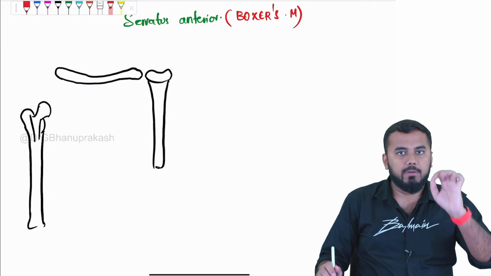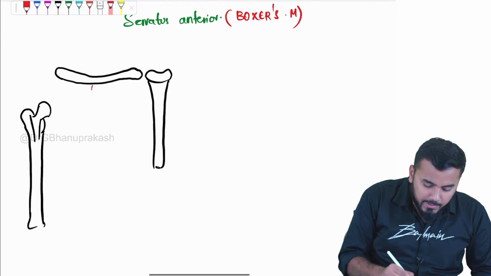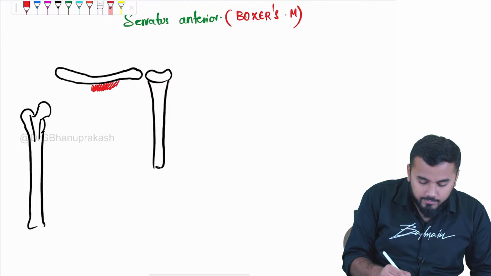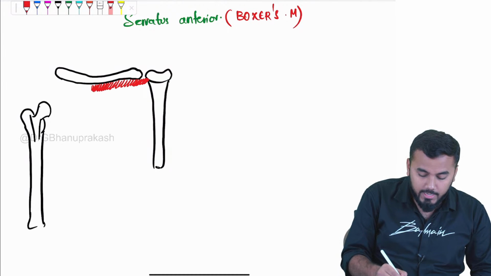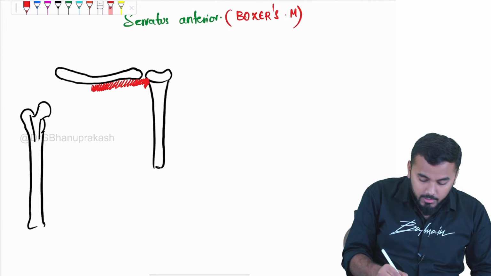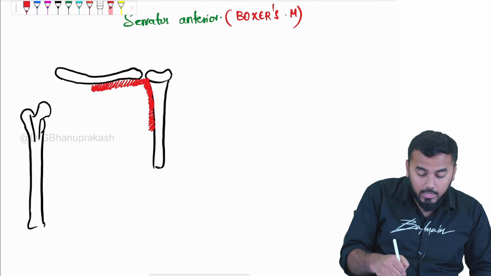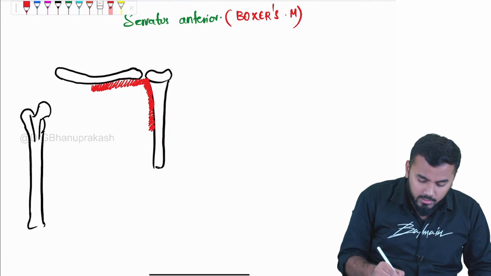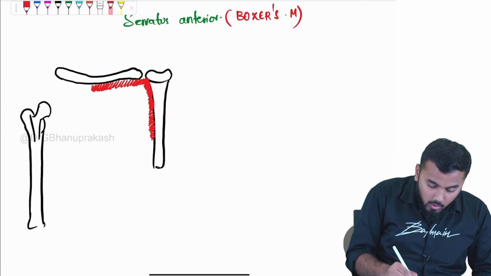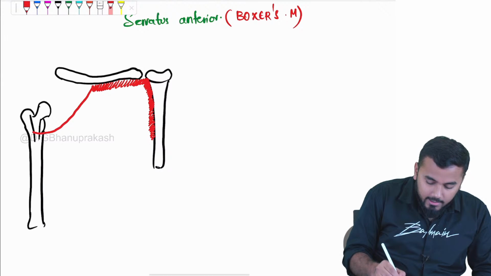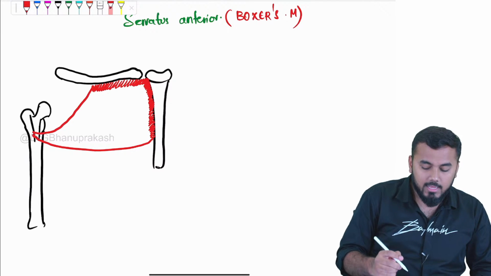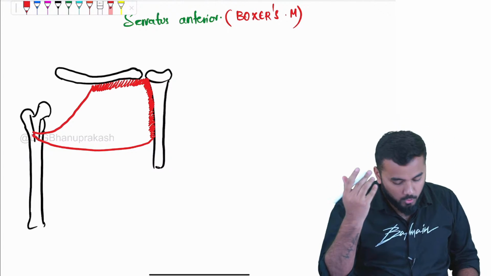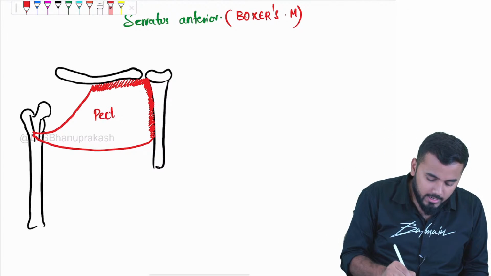Now there is a muscle that starts just below the clavicle like this. It continues along the sternum, starting from the manubrium, down till the first 8 ribs, and then all the way it goes and attaches to your lateral lip. Lateral lip means by now you might know that I'm talking about pectoralis major muscle.